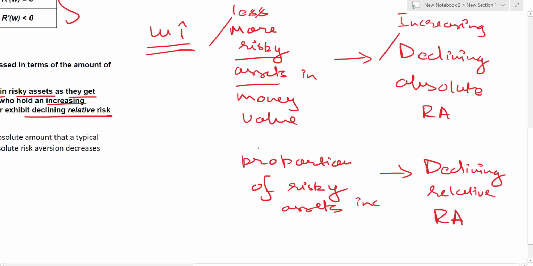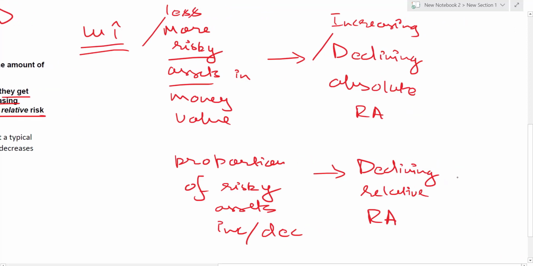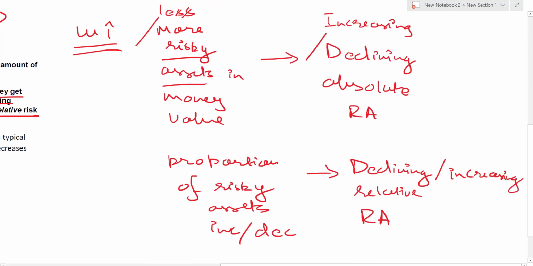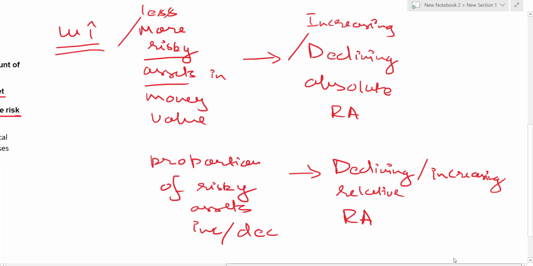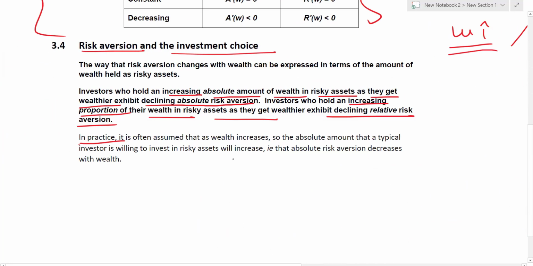And in the same way, if I hold a lower proportion of wealth in risky assets, if it decreases, then I have an increasing relative risk aversion. So both the cases hold. There's no problem with this.